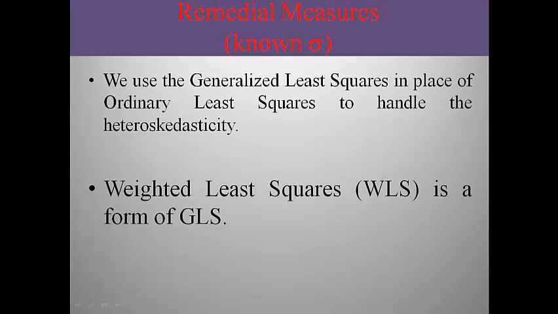So let's see what kind of remedial measures we can take. If we know the sigma, then we can transform our OLS to GLS to handle the heteroskedasticity, because we just use the WLS in the form of GLS, because it is consistent and efficient rather than OLS being inefficient in the case of heteroskedasticity.